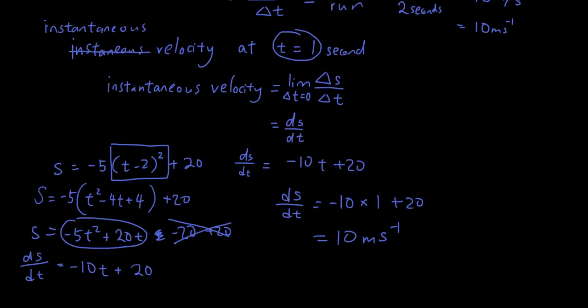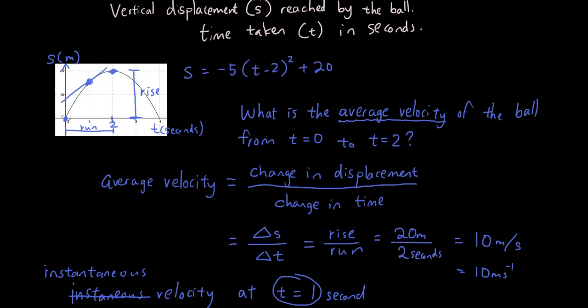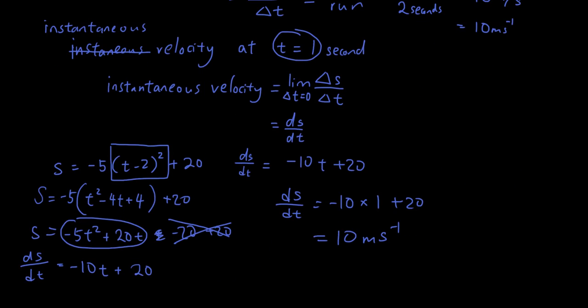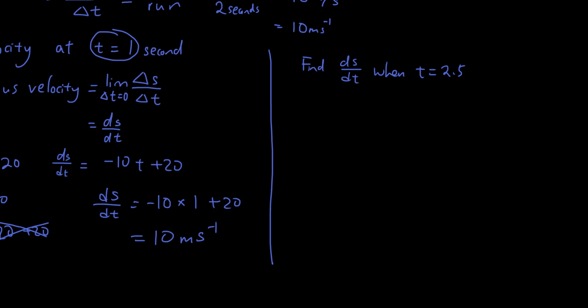And you can do this for any points on the graph. So for example, if I want to know the instantaneous velocity when time is equal to 2.5, I have the equation for the instantaneous velocity is negative 10t plus 20.